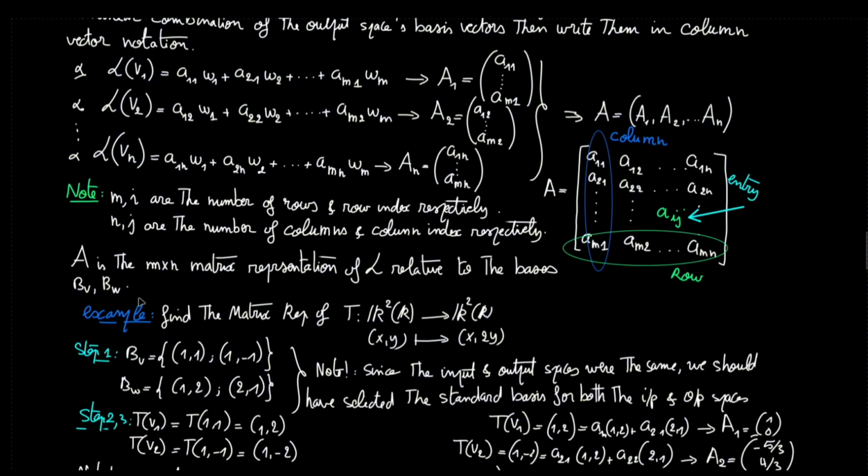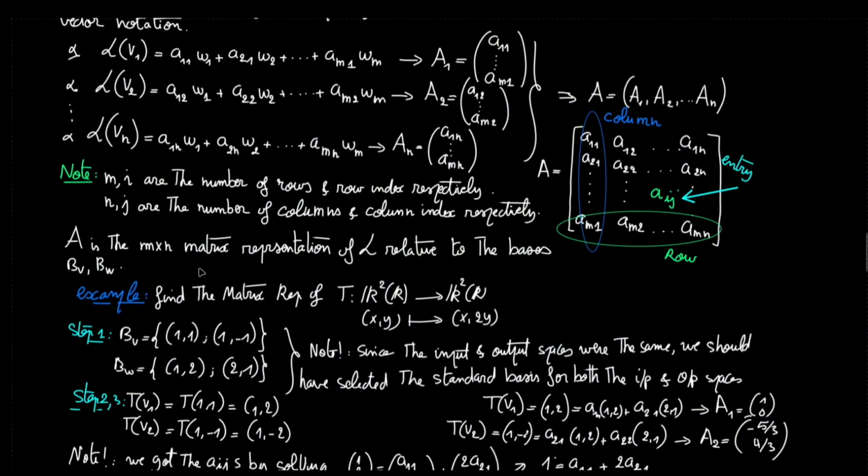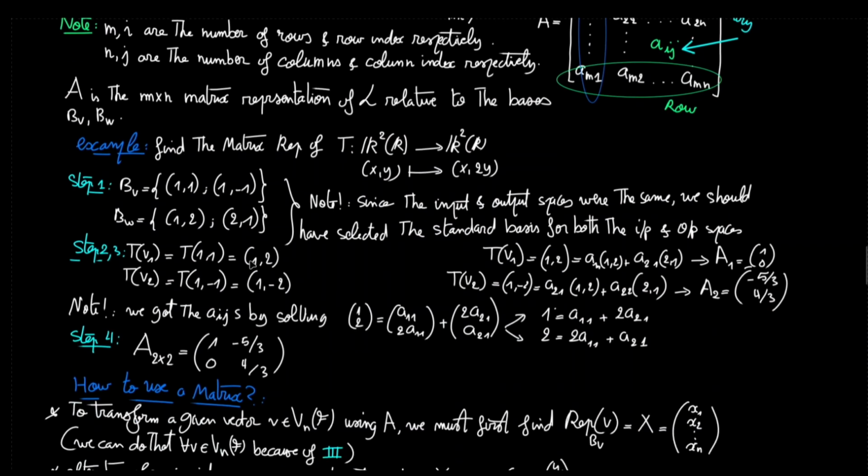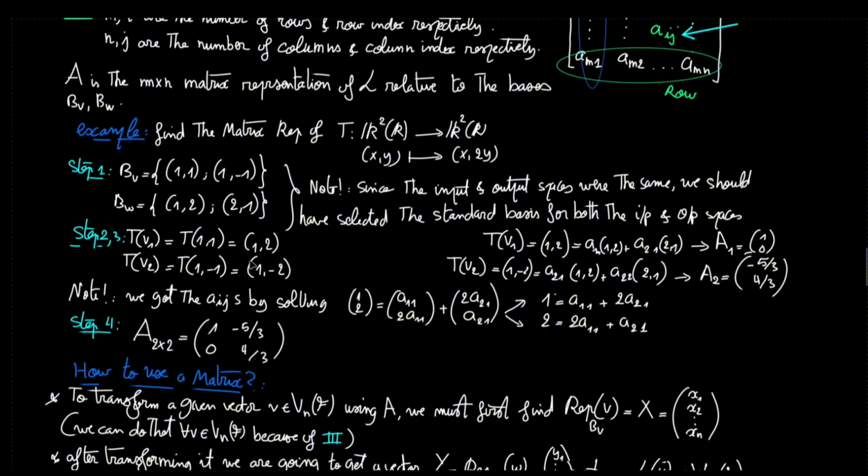Hope I did not mess that up. A is the m by n matrix representation of L relative to the bases BV and BW. And obviously, as you might have guessed, if you change these bases, you're going to get a different representation, a different matrix. Let's take an example, a quite tedious example actually.